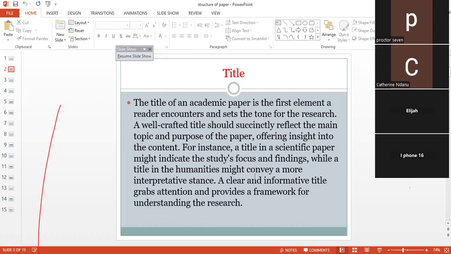For instance, a title in a scientific paper might indicate the study's focus and findings, while a title in the humanities might convey a more interpretive stance. But basically it should reflect the main content of the study.